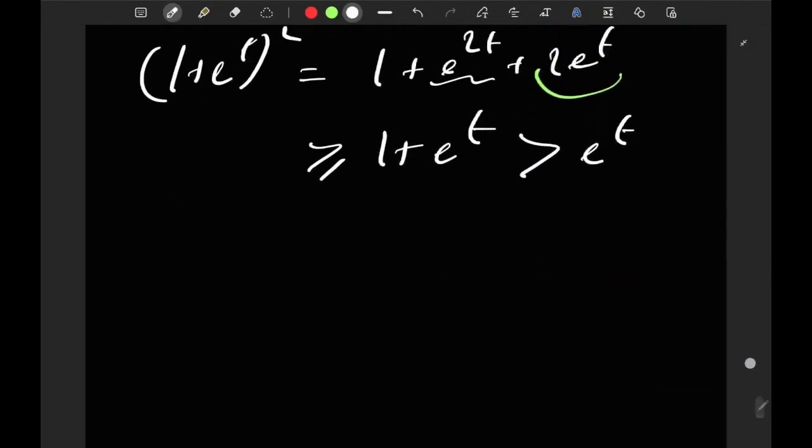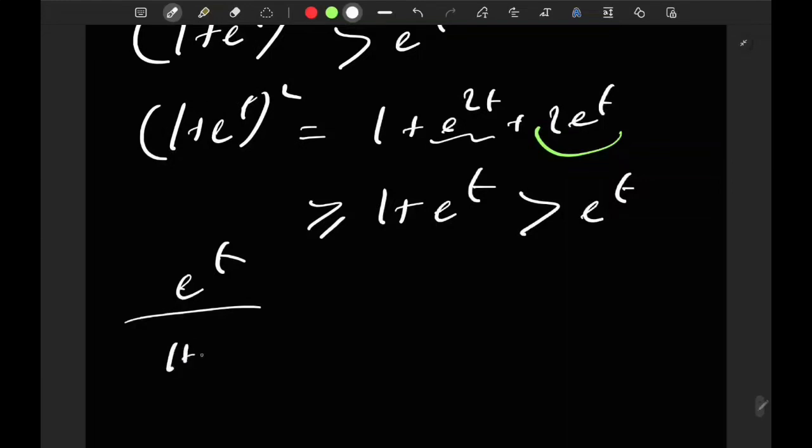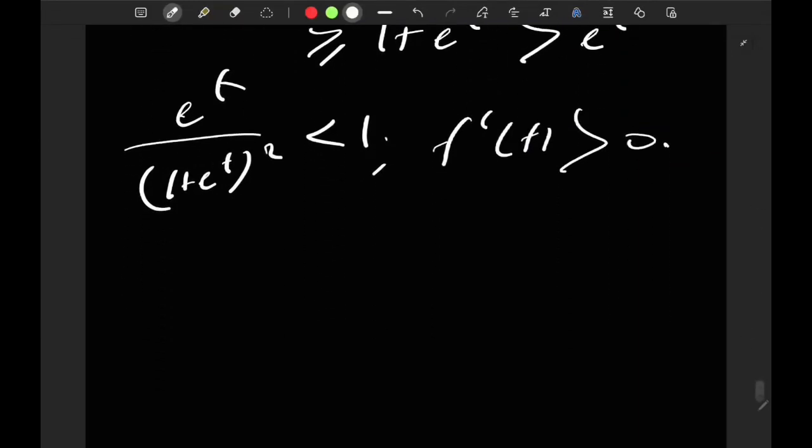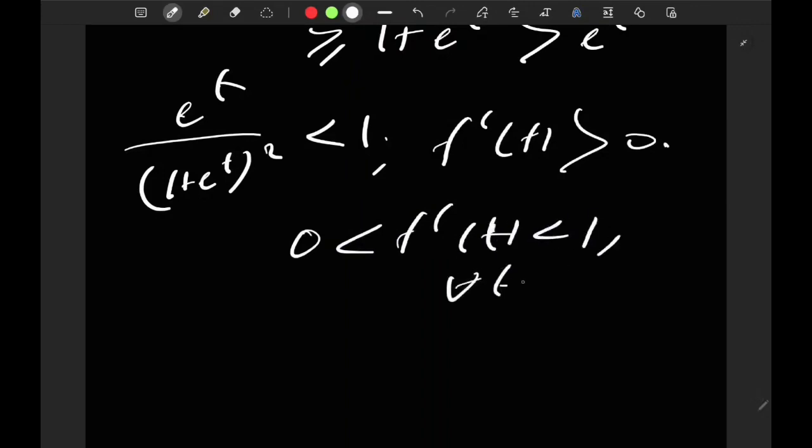And so the fraction e^t divided by (1 plus e^t) squared is strictly less than 1. So 1 minus this thing, which is f prime of t, is strictly positive. We conclude that f prime of t is squeezed between 0 and 1 for every t in R.